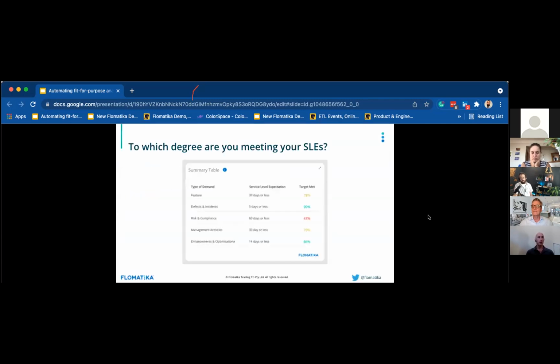Yeah, that's interesting. So if you come back to this picture, the first thing I want to point out is you mentioned an agreement. Usually we are talking more about service level expectations rather than agreements. With agreements, you usually have a penalty when you fail to meet that agreement. In value streams, in most cases, it might be that in some cases we use service level agreements, but mostly we are talking about service level expectations.